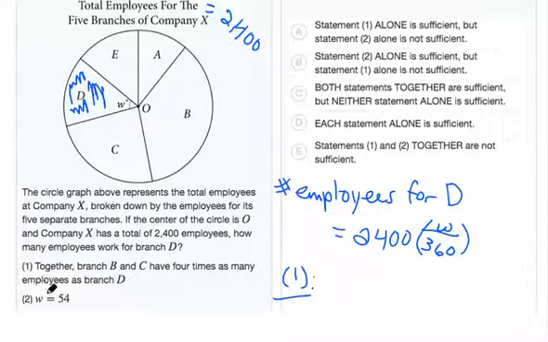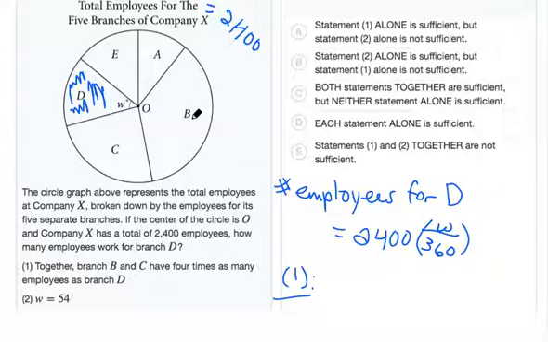Statement 1, we're told together branch B and C have 4 times as many employees as branch D. Now, we can write an equation for that, but we're not told how many employees either branch C or branch B have.